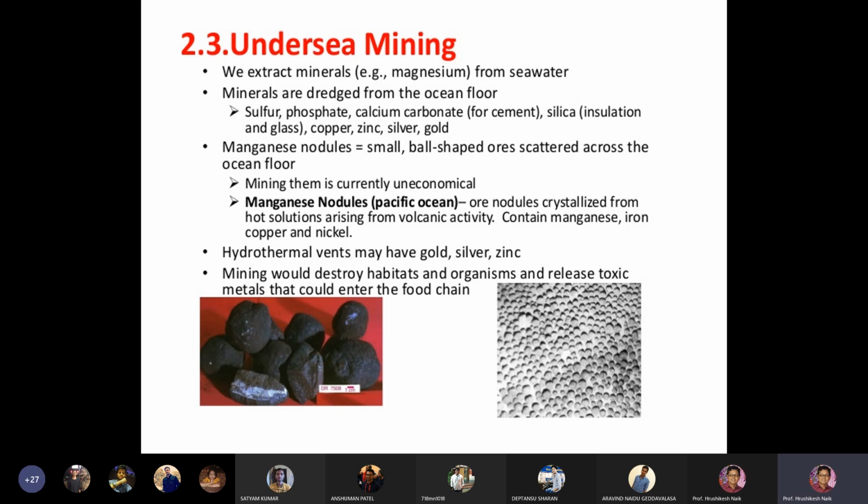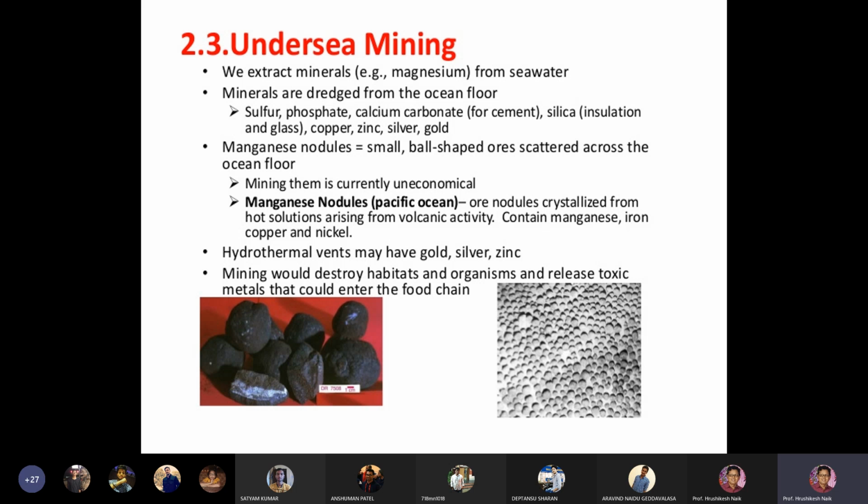Manganese nodules, these are the manganese nodules, small ball-shaped ores scattered across the ocean floor, can be mined by undersea mining methods. Mining them is currently uneconomical.